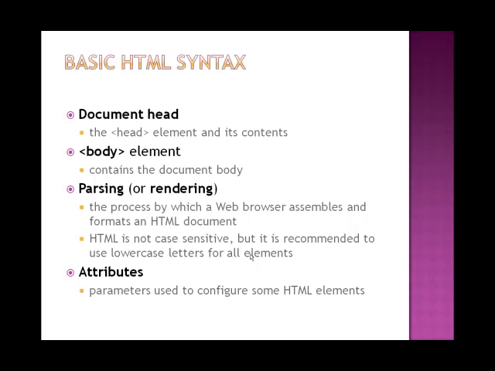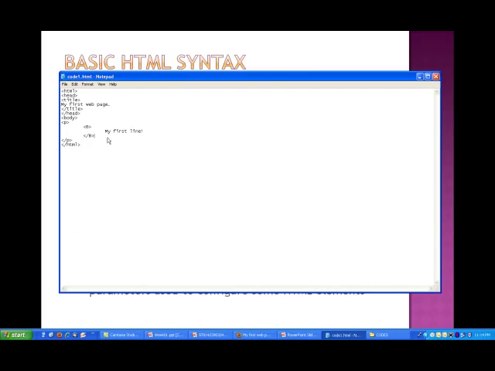For example, if I want to import an image into my file, I can use the element img, and this element img requires a source, my picture.jpg, and then I can have an alternative text if the picture is not available.